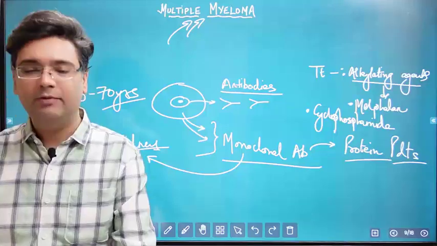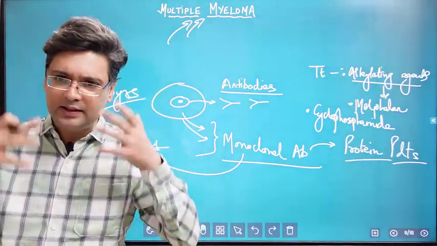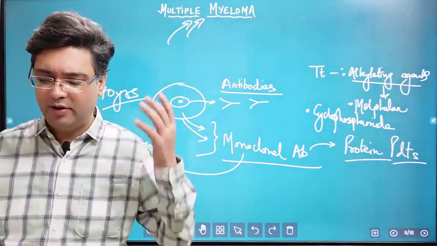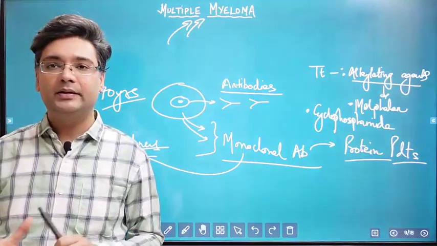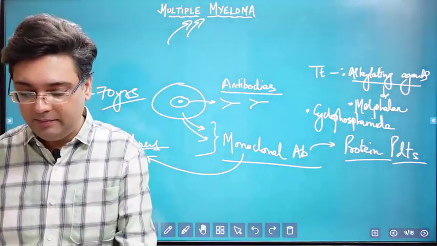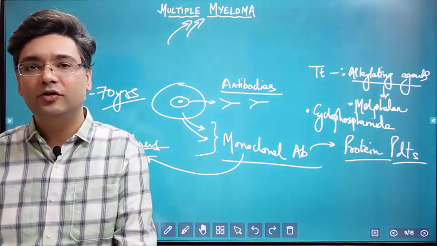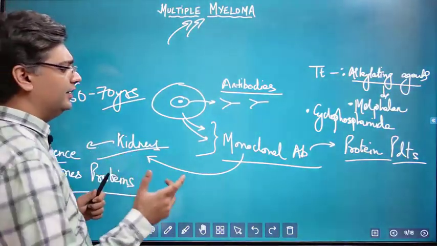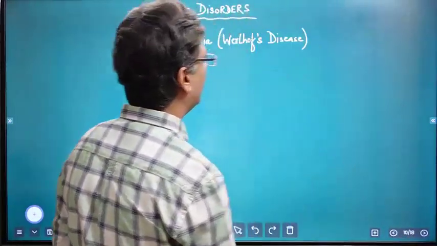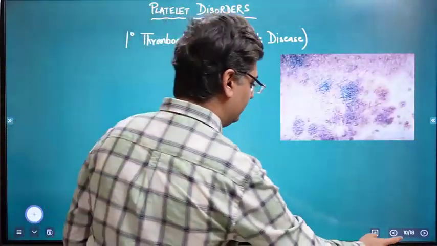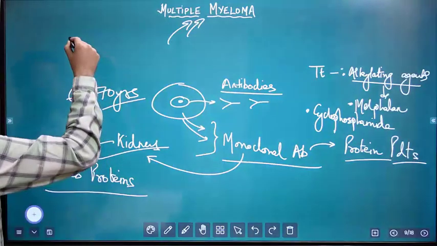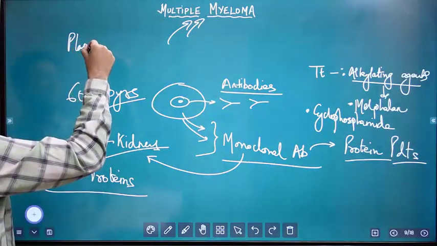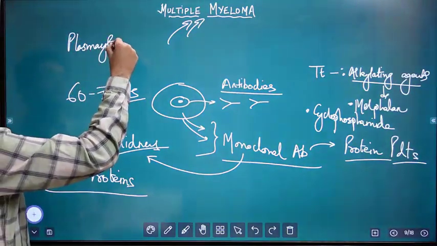Now sometimes what happens, this is happening in the whole generalized body. Sometimes these tumors can be in certain localized regions, and when the myeloma type lesions are localized, then they are called plasmacytomas. Okay, what are they called?